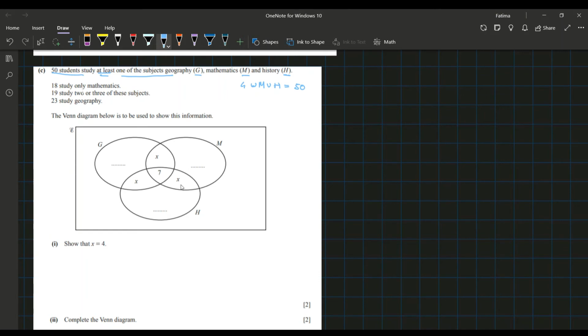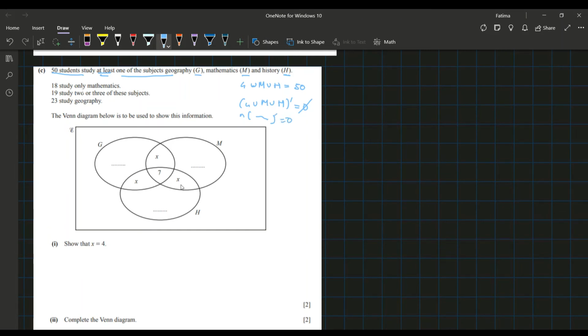So we would not have any students in G union M union H whole complement. That would be 0, or you could say it's an empty set. You would write 0 if they asked for the number of elements.